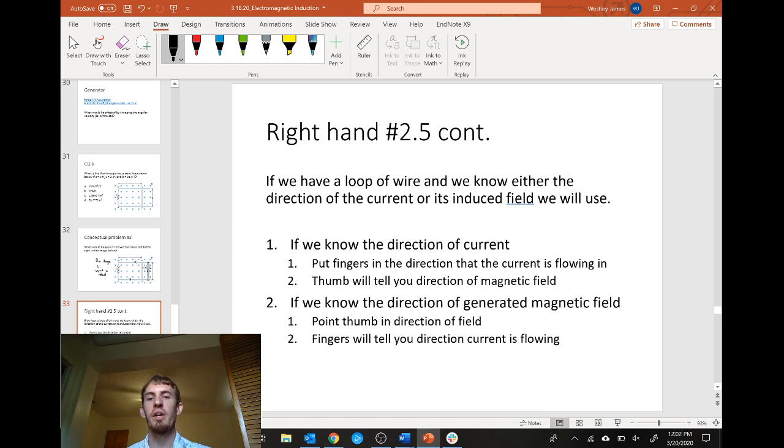Basically, if you know the direction of current, that's that thing I showed you. You curl your fingers around, it gives you the magnetic field. But what we've been doing is we say, okay, we know which way we want the magnetic field to form. We know we either want more of it out or more of it in, it could be left, right, up, down, who cares? You'll put your thumb in the direction you need more, and your fingers will curl to show you the direction of current.